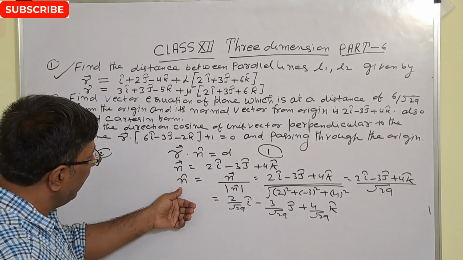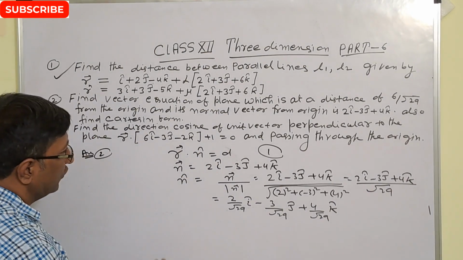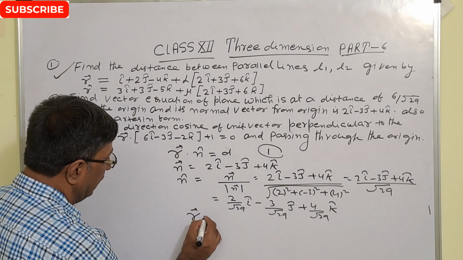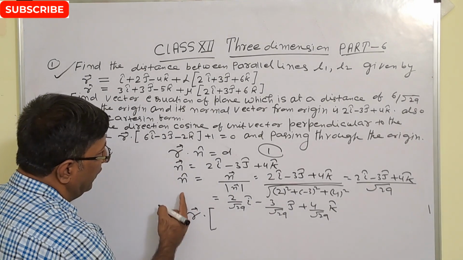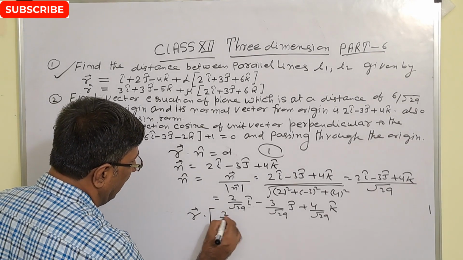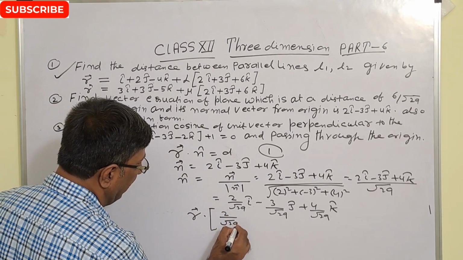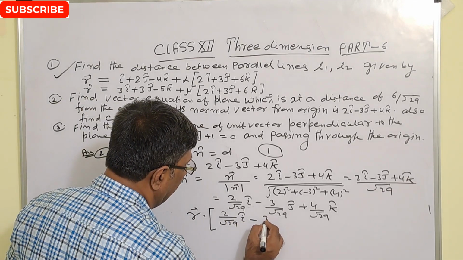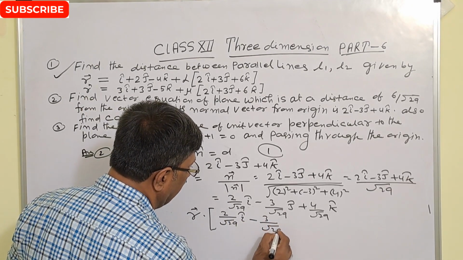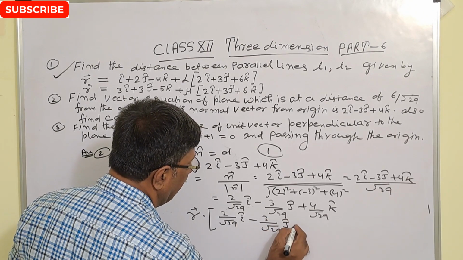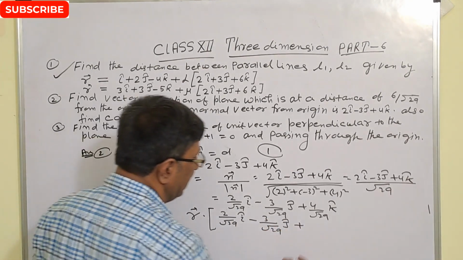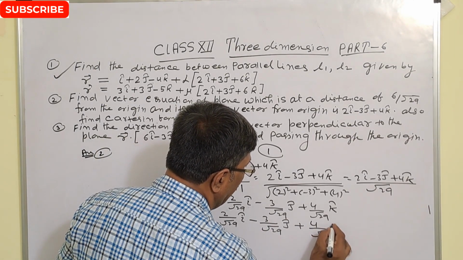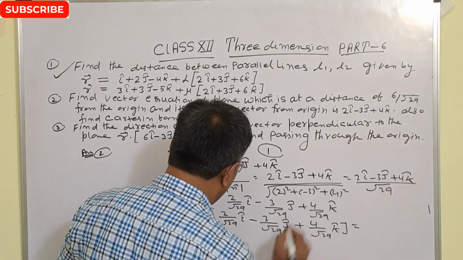Now put this value in the equation. So you will get r vector dot unit vector n, that is 2 upon root under 29 unit vector i minus 3 upon root under 29 unit vector j plus 4 upon root under 29 unit vector k, equal to d.